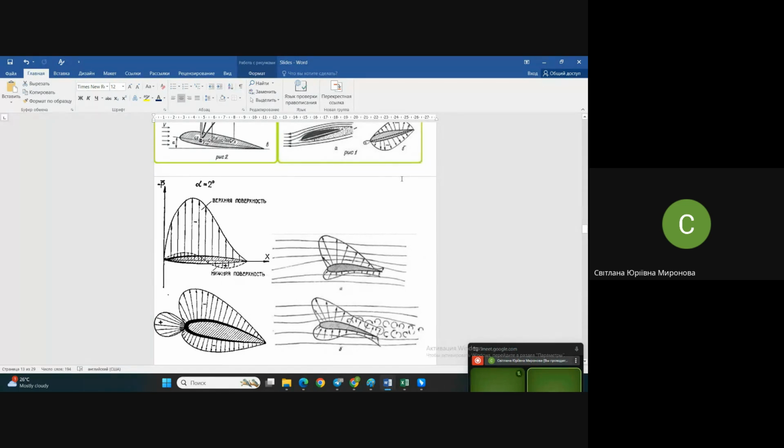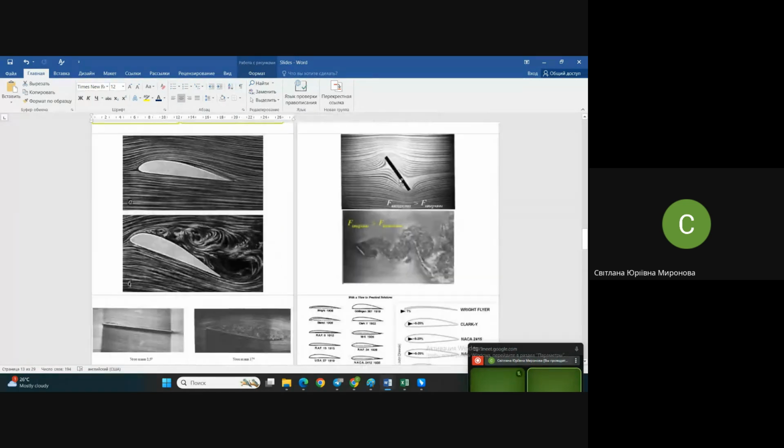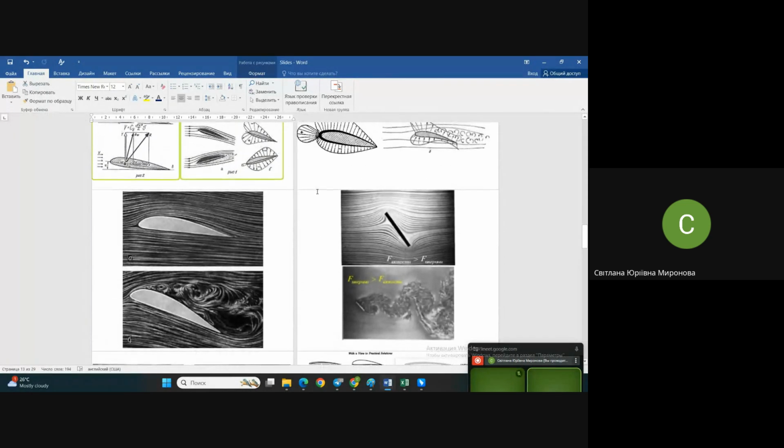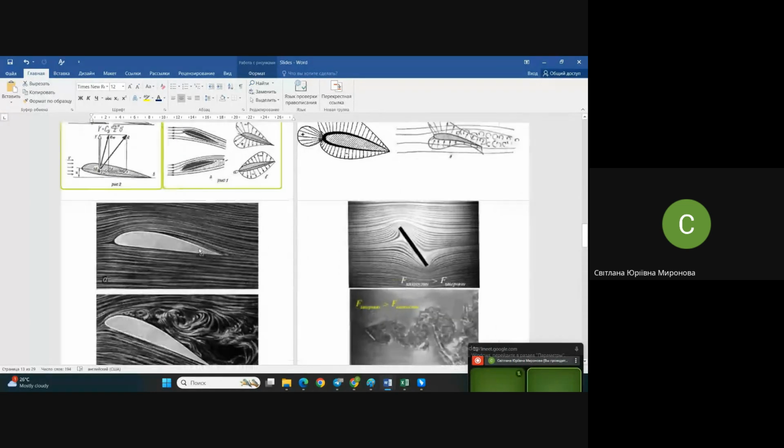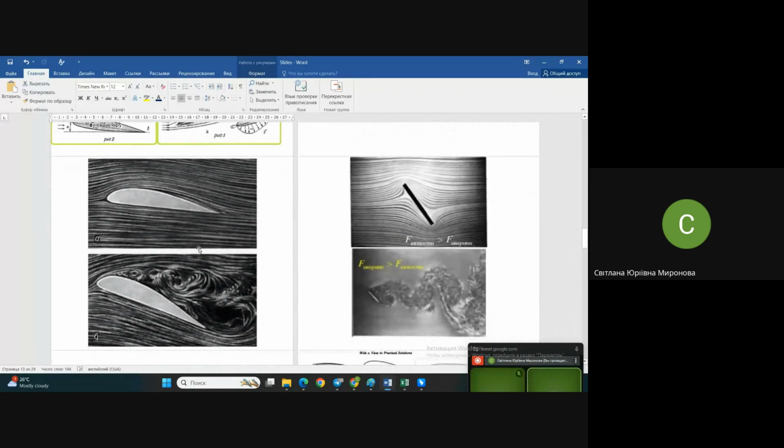And let's come back to what I've been searching for a long time to find, such photos, so you might see. I hope if you have already studied aerodynamics, wherever you studied it, you already met such things. You have already seen these experimental photos of different cases of flow around different objects.